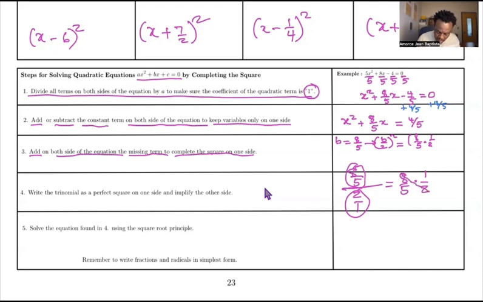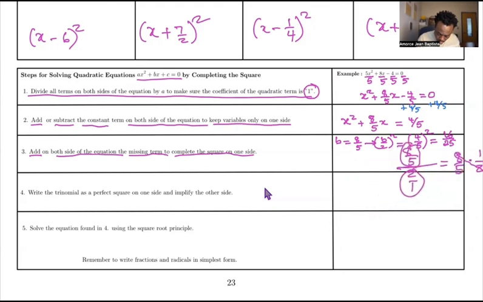Now we can divide 8 by 2, that's 4 on top, so 4 over 5. So b over 2 is 4 over 5 squared, which is 16 over 25. I just erased this because I want the space to put the equation.